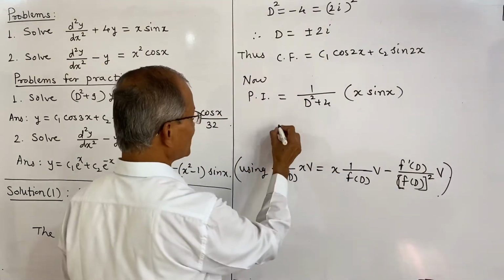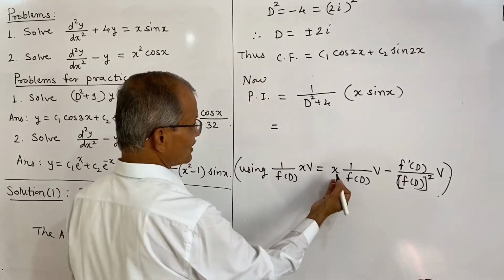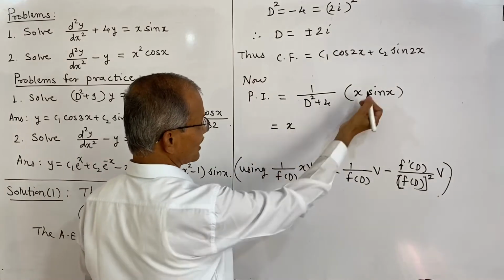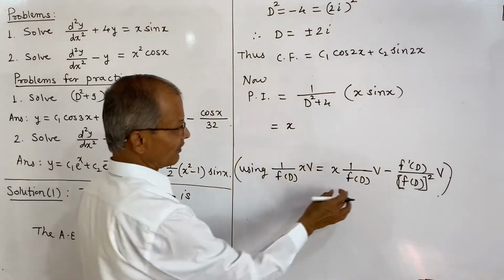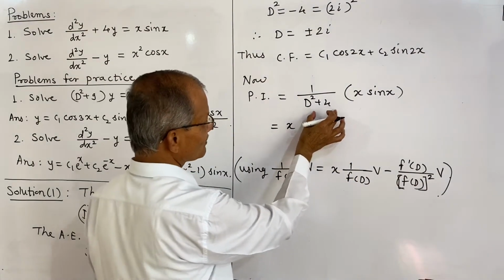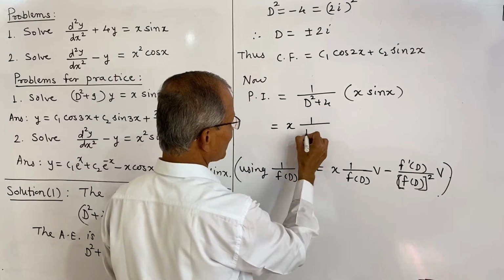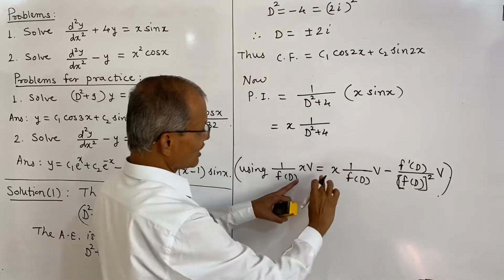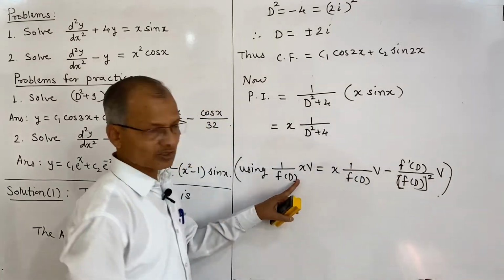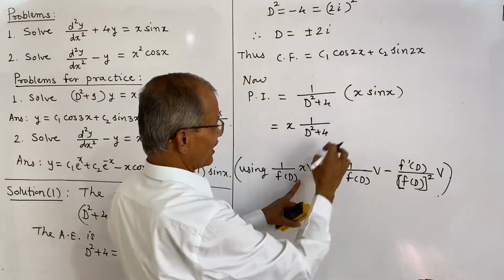First we write x separately, then 1 upon f of d. F of d means d square plus 4, so 1 upon f of d means 1 upon d square plus 4, operated on v. This is our function v, and v is sin x.